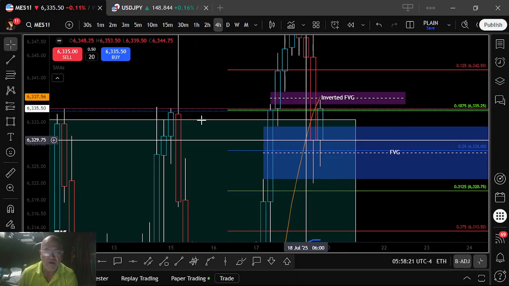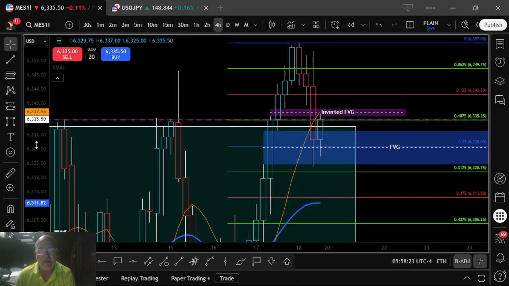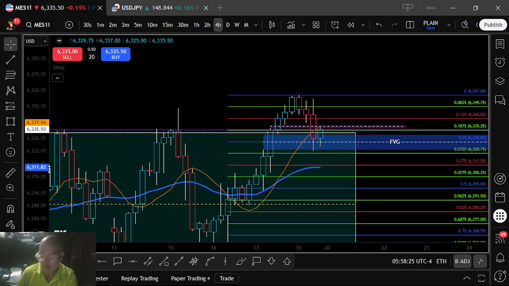So here I have an argument for both sides of the market, and this is where I have to be very, very careful. When you have an argument for both sides of the market, you really need to be patient for good confirmation before taking any trades.